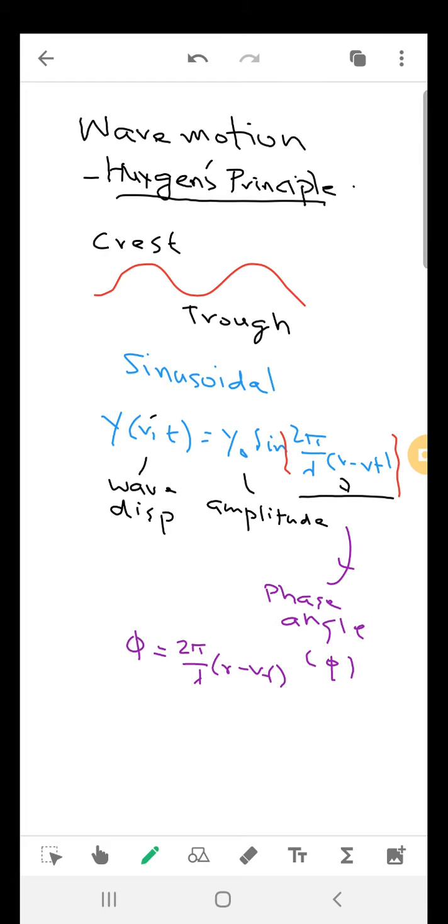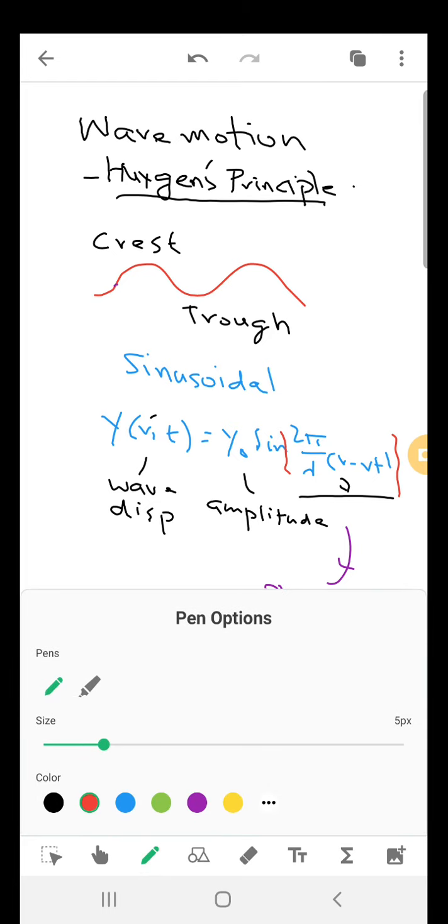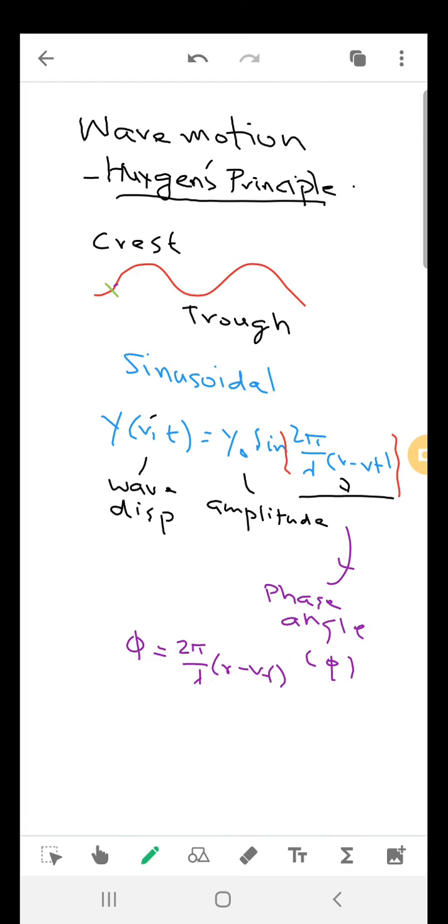This phi is the same for any point on the given wavefront. So if this is the wave, this value of phi is the same anywhere, that is, on a given wavefront.